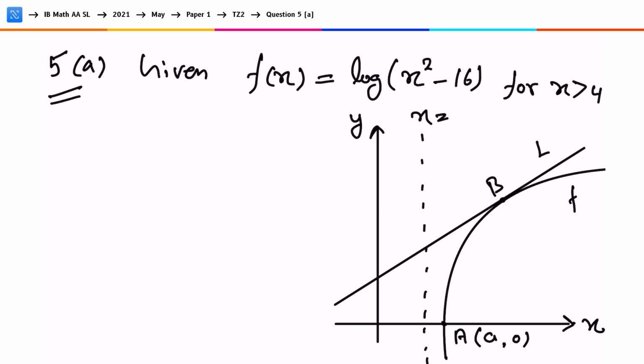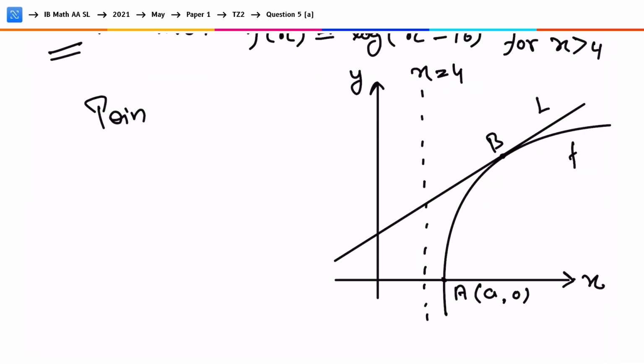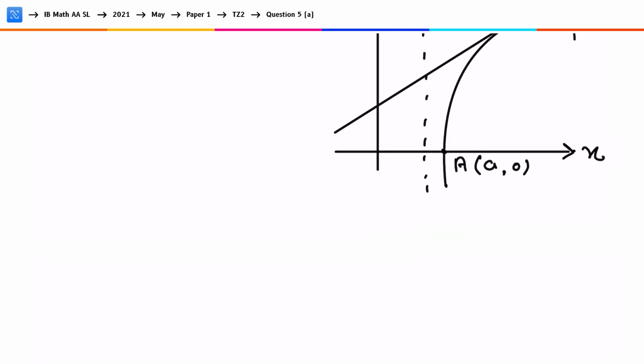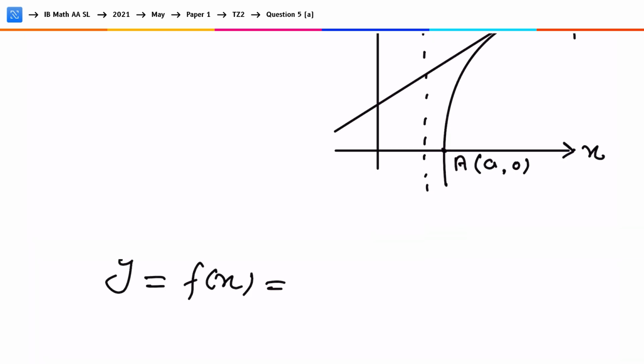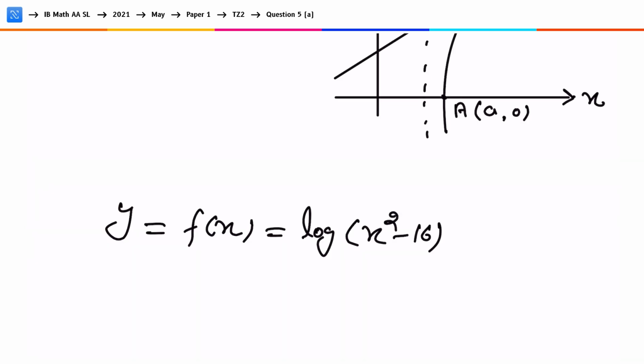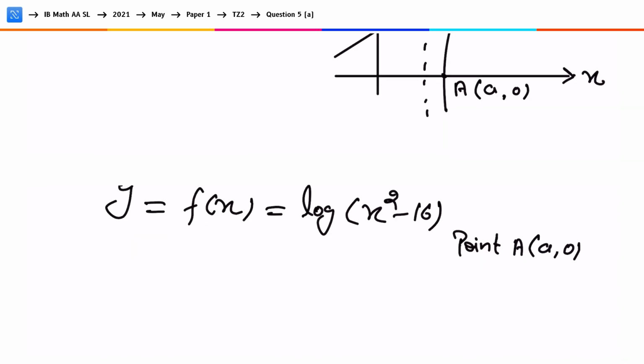Here x equals 4. Point A's coordinates are (a, 0), and the y-coordinate equals f of x, which is log of (x squared minus 16). The coordinates of point A are (a, 0), where the y value is 0.